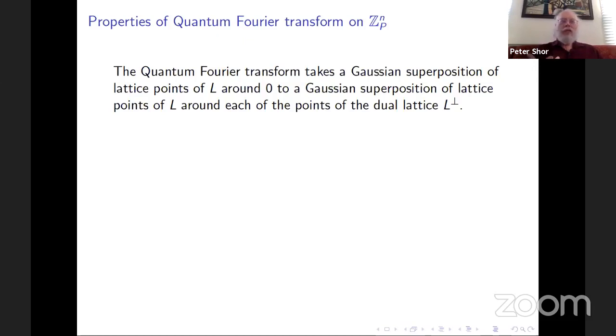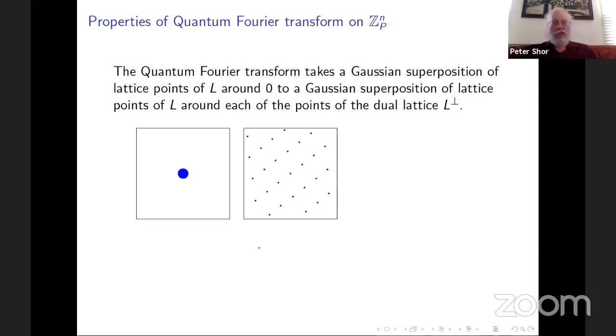And the property of the Gaussian Fourier transform is, suppose you start with a Gaussian superposition of lattice points L around 0. So this first thing represents the Gaussian superposition of lattice points around the origin. It takes it to a superposition of the Gaussian superpositions of lattice points around each of the points of the dual lattice.